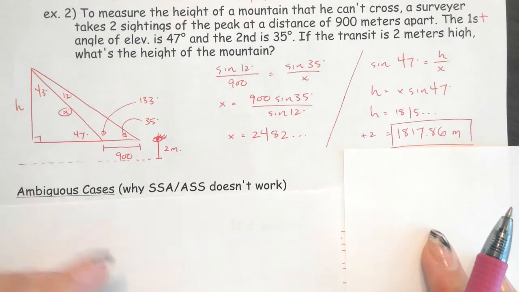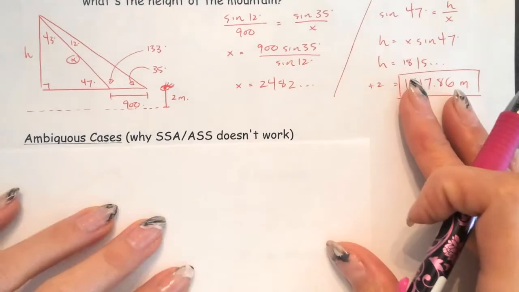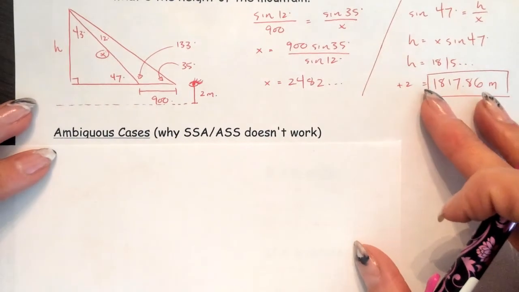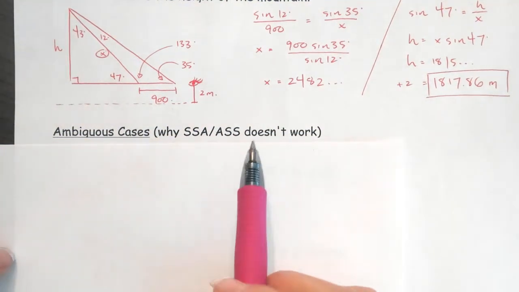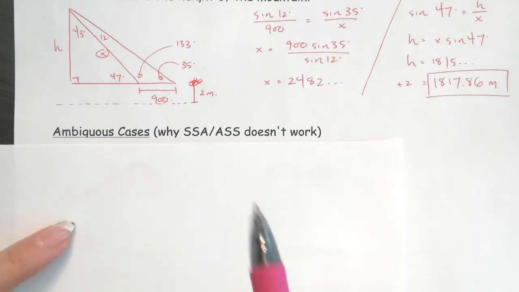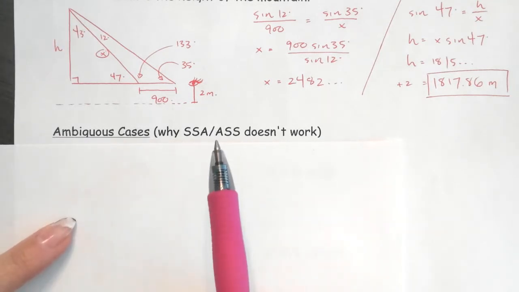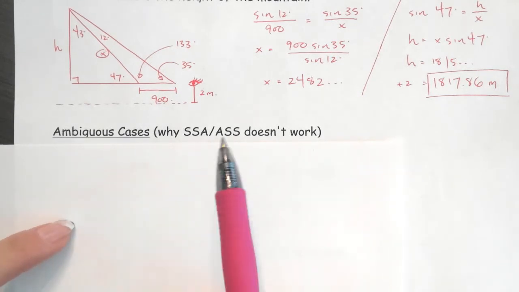Okay, so ambiguous cases, and we talked a lot about ASS today. So how come ASS doesn't work? I actually forgot to show you guys a video. If you YouTube a video of why ASS doesn't work, or triangle congruence ASS, then you'll see why it doesn't work, okay?